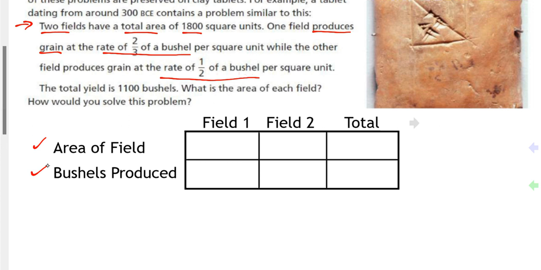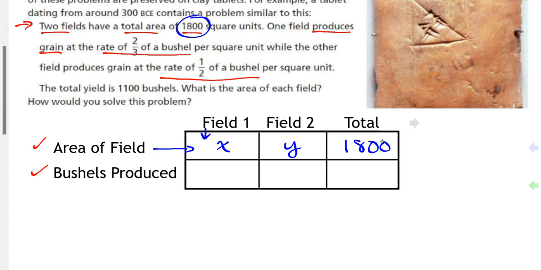Field 1, we don't know the area, so I can just choose a variable. I'm going to go with x, and I don't have to write a let statement because this table tells me that this is the area of field 1. Field 2, I'm just going to call y, and we know from the question that we had a total area of 1,800 square units, whatever those units are.